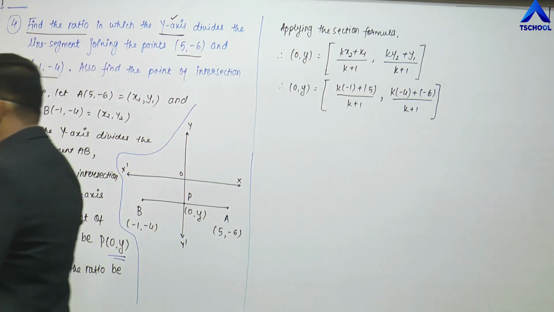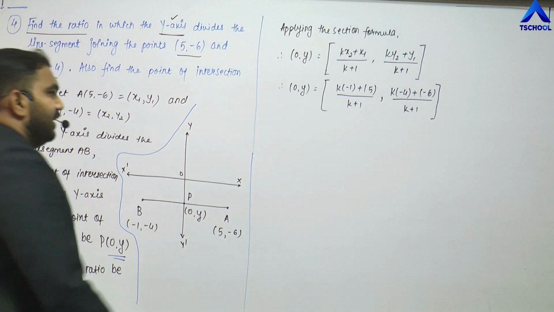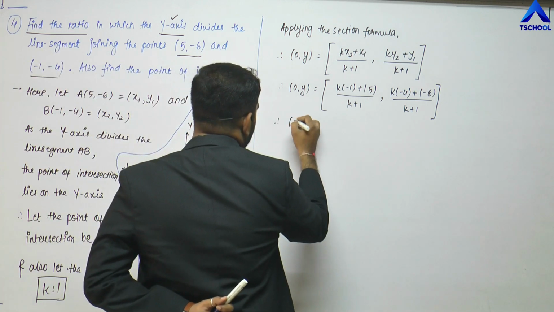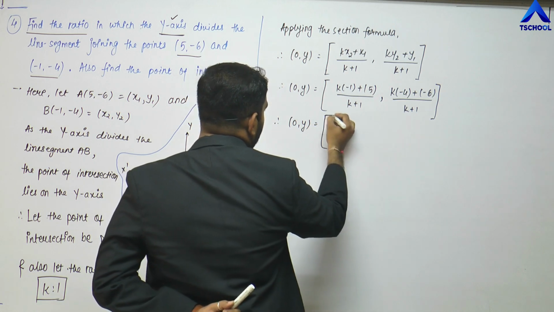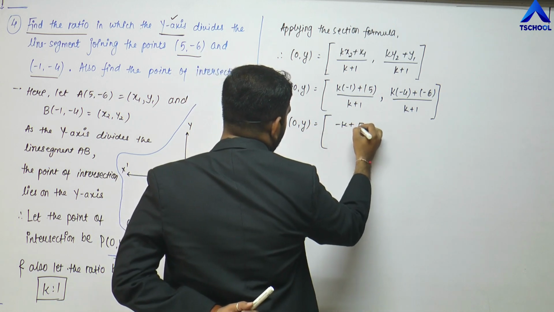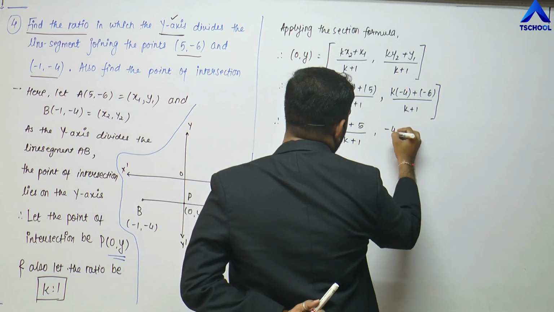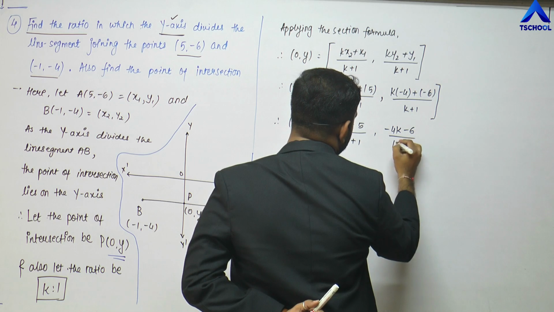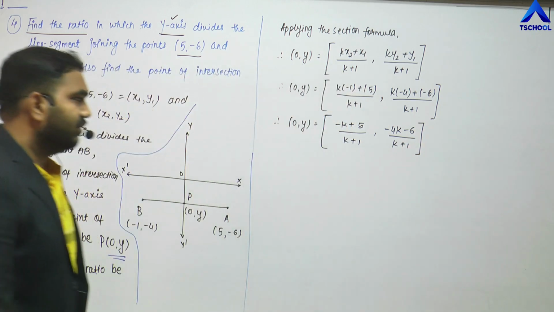Is it clear? So these are the values that we have for x1, y1 and x2, y2. Therefore (0, y) equals (minus k plus 5) upon (k plus 1) and (minus 4k minus 6) upon (k plus 1).